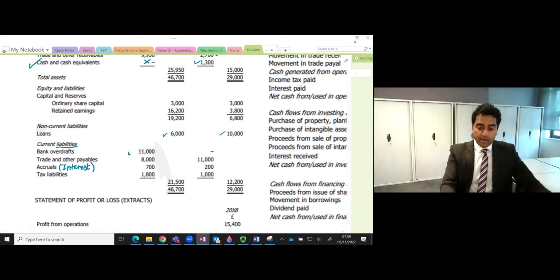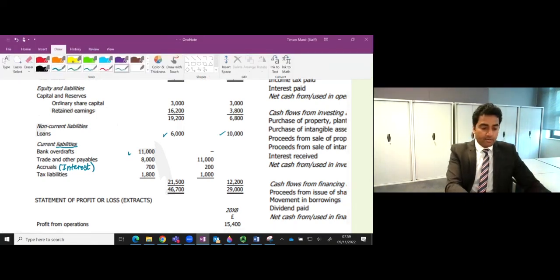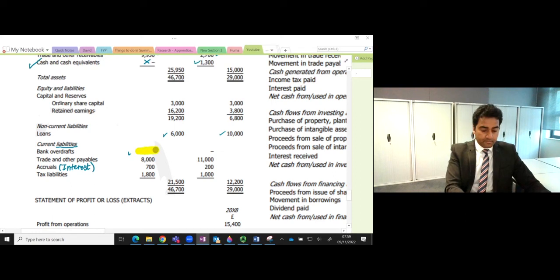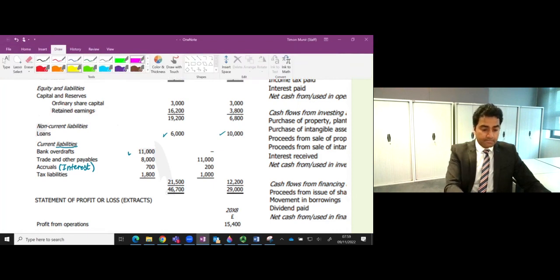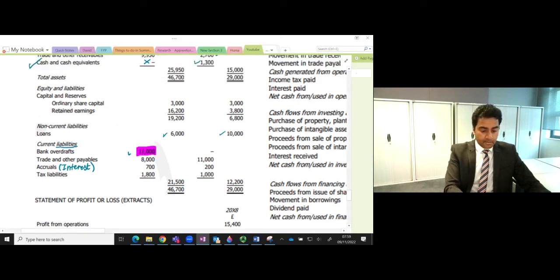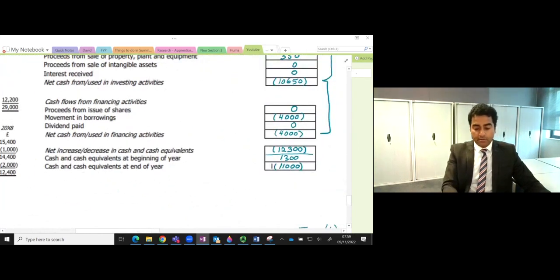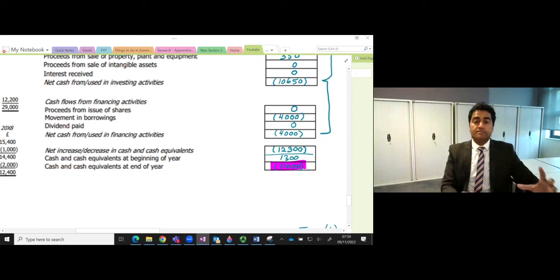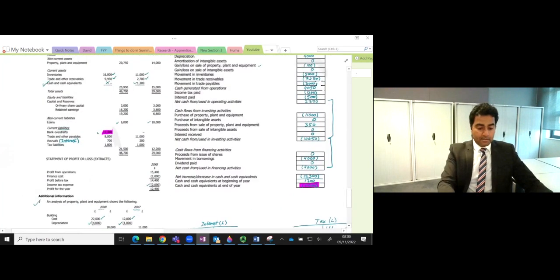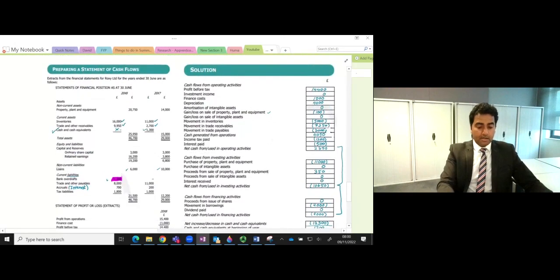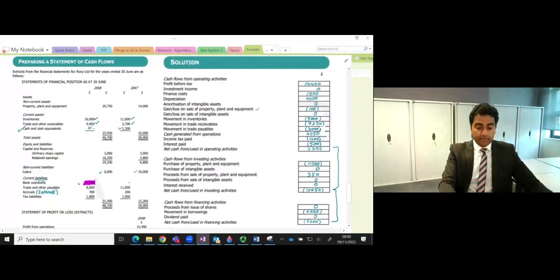So now my figure of £11,000 overdraft is matching with the cash flow statement of negative £11,000. Negative balance means overdraft. So this is the full cash flow statement.